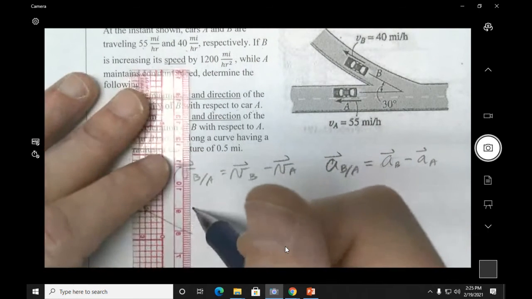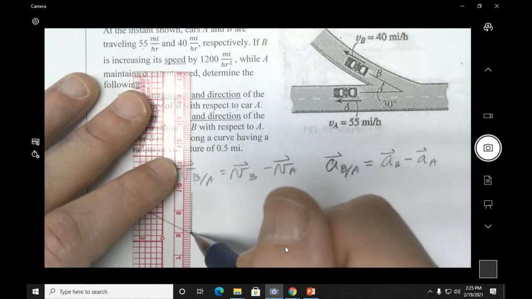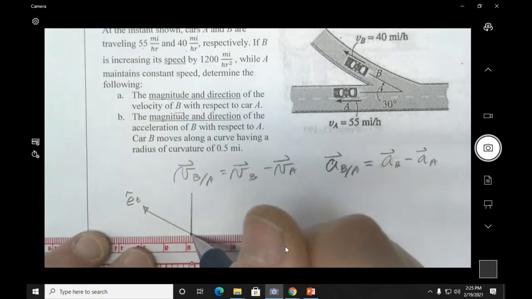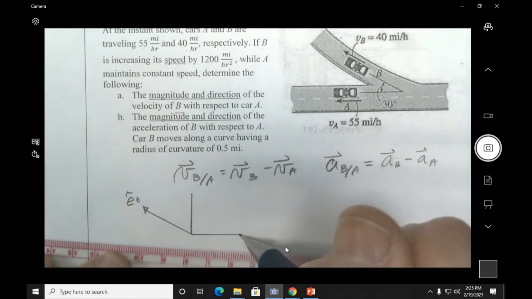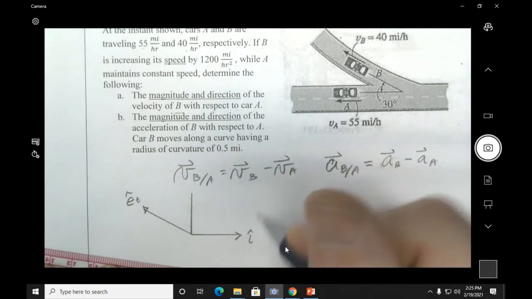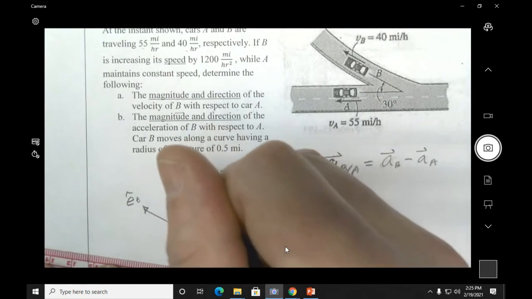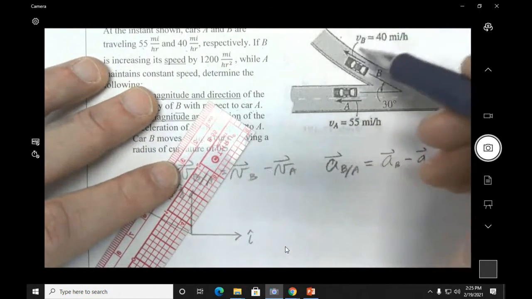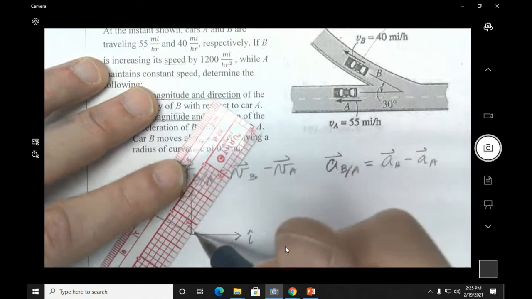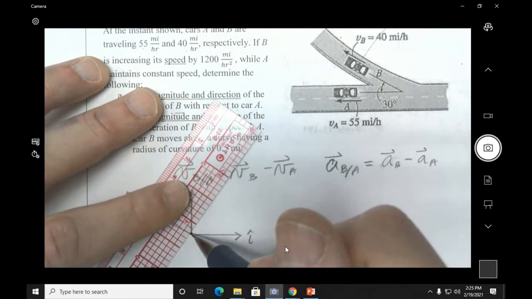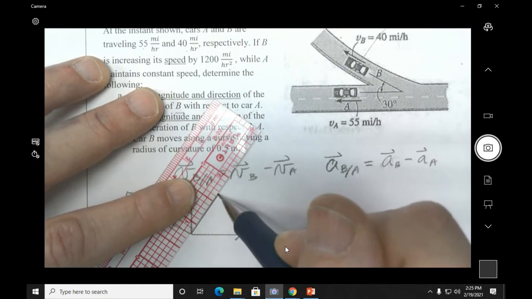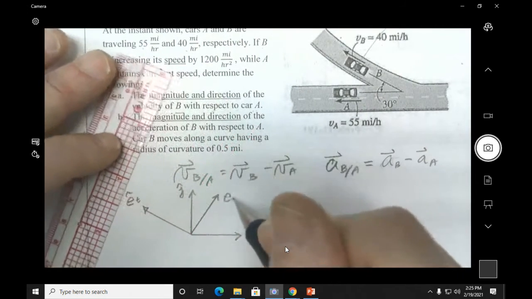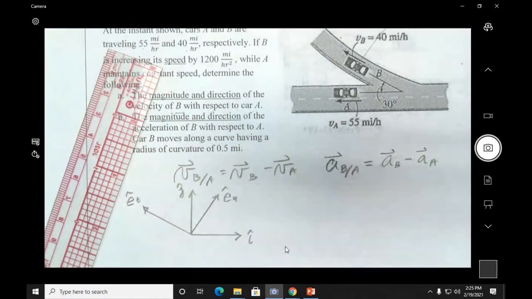We didn't use the coordinate transformation in class, and it isn't in Beer-Johnston, so that's not the way they were approaching it. So here's I and J, and the center of curvature is going over that direction, so this is going to be En, right there. I think I got that right.